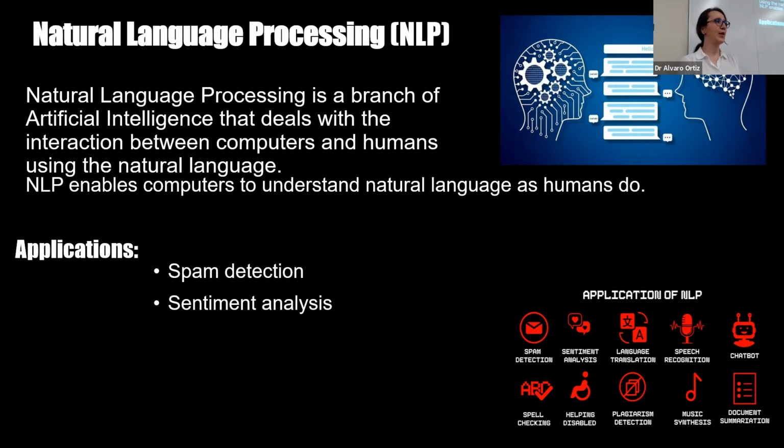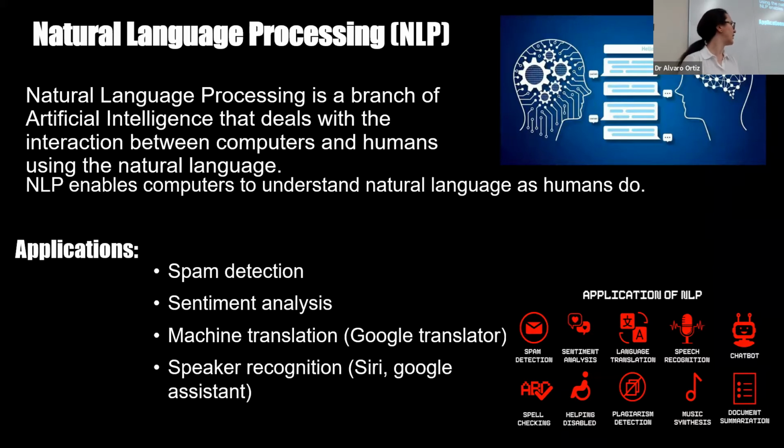Like, are people happy about this, for example? Do people like this certain product? Machine translation, like Google Translator, speaker recognition, like Siri, Google Assistant, Alexa, virtual agents and chatbots, and so many more.